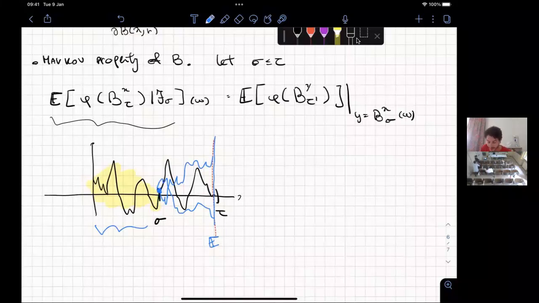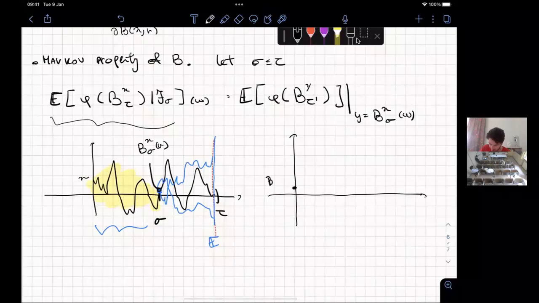And what this property means is actually that this is the same as saying, okay, just take this value, this is B^x sigma, this is small x. Take this value, which is random, and take it as an initial point. So just translate it here.